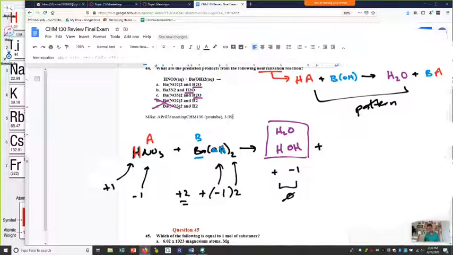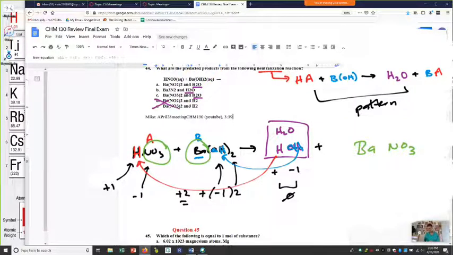Well, what you should try and do is backtrack out of that. You've now explained away the OH and you've explained away the H. Because of that, you now need to explain where the Ba and the NO3 ended up.